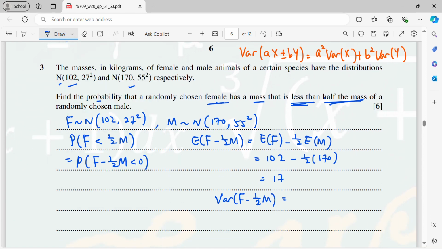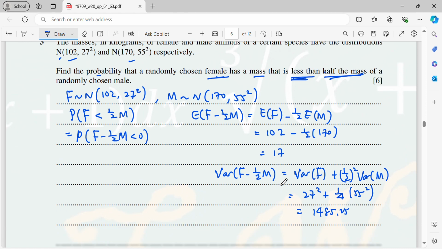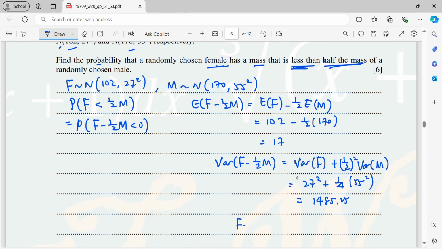Then from here you get variance F plus half squared variance M. This is going to be 27 squared plus 1 over 4 times 55 squared. Then you will get 1485.25. So F minus half M is normally distributed with mean 17 and variance 1485.25.